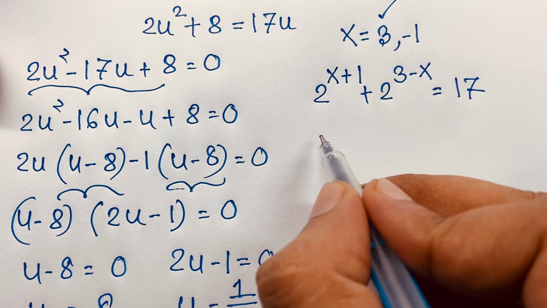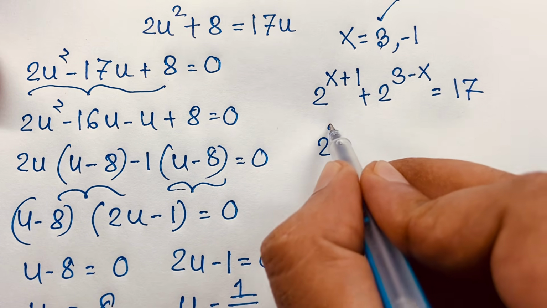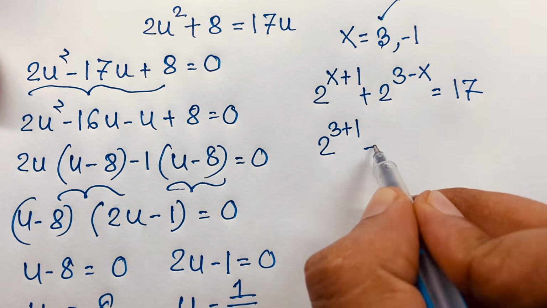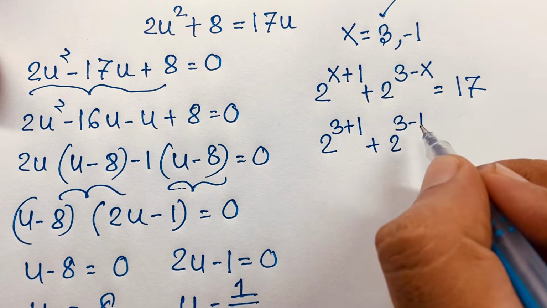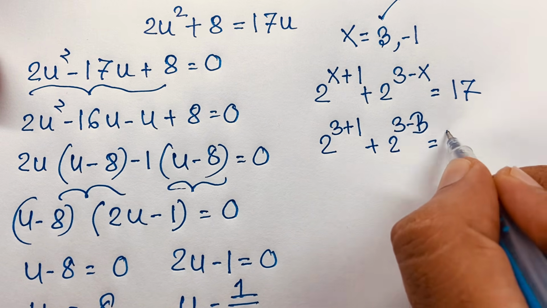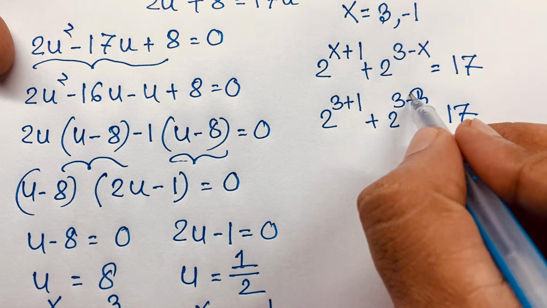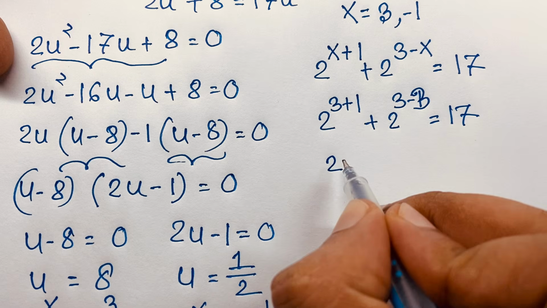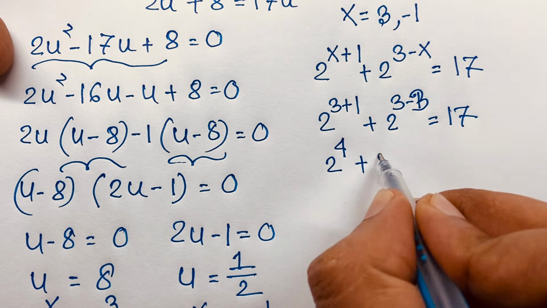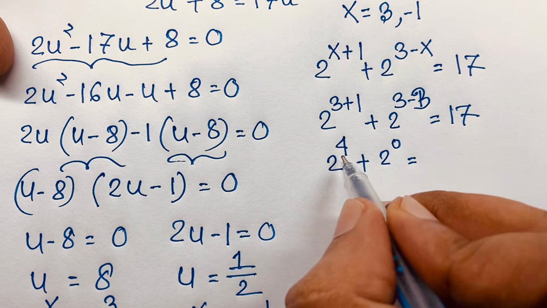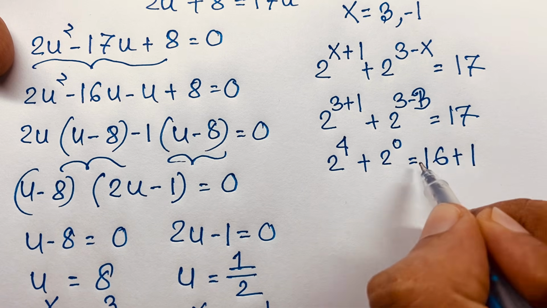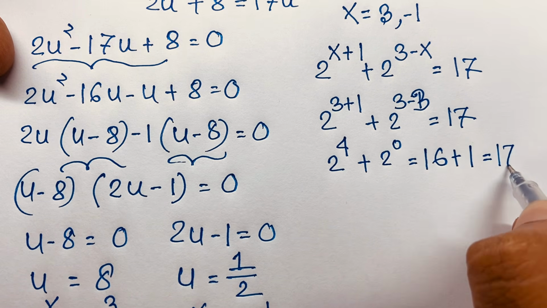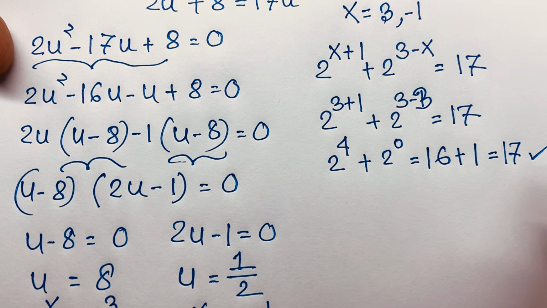So 2 to the power 3 plus 1 plus 2 to the power 3 minus 3 is equal to 17. Now this is 2 to the power 4 and 2 to the power 0, so 16 and 1. 16 plus 1 is 17. So left hand side and right hand side are equal.